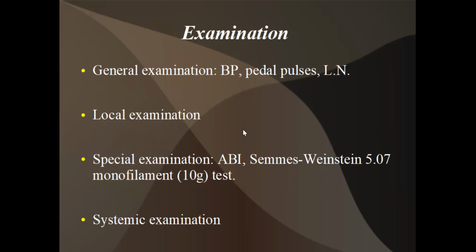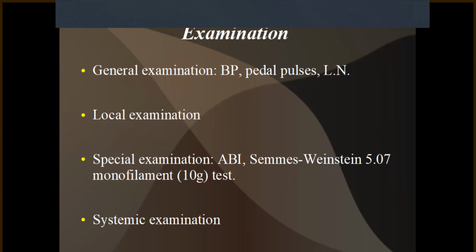And we have to compare it with the upper limb pulses, and then we have to see whether there is any disparity in the volume of pulses or not, which can give you a very good clue about the peripheral arterial disease.